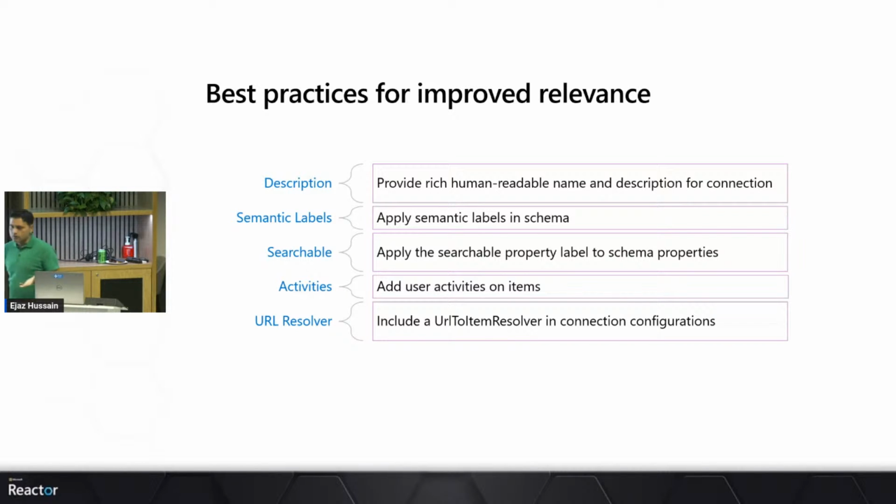The more activity you add on the item, for example, when was the last modified, who last modified this, who last viewed that, these activities also help when it's going to search your content. Because Copilot doesn't just search against your own custom data. It has your whole Microsoft 365 data next to it as well.